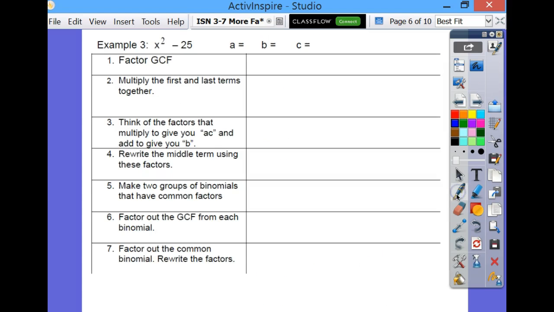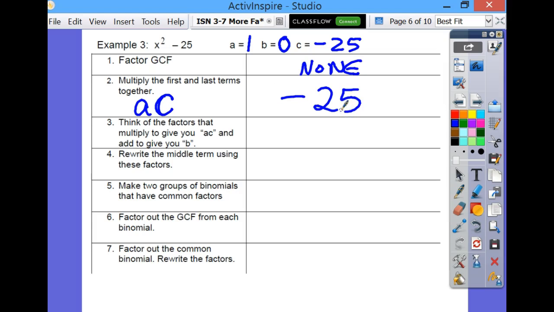Can I use the shortcut here? What's the A? What's the B? And the C? And this one does not have a GCF. If you multiply the first term times the last term, you get negative 25. The factors of 25 are negative 1 times 25 and negative 5 times 5.